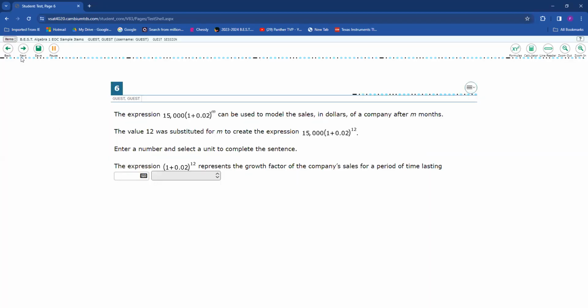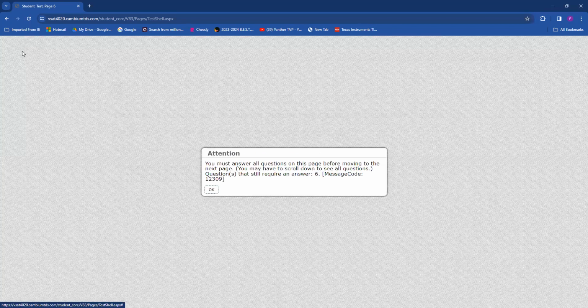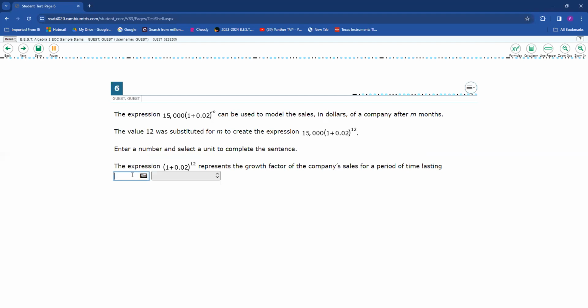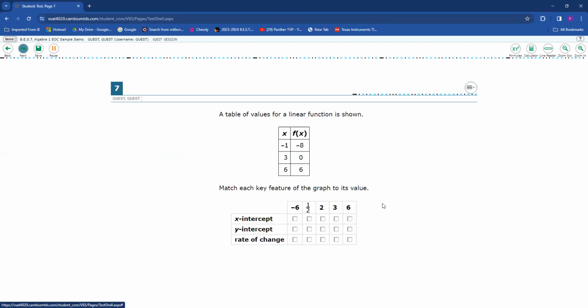Okay, that was 12 months because m is months. Okay, I explained this about the table. Try to fill in the gaps on the table and see what the pattern is.